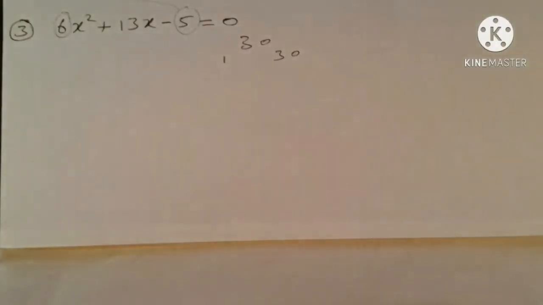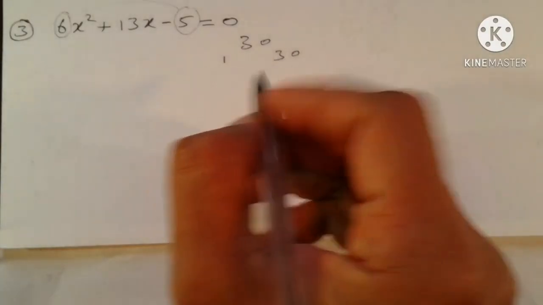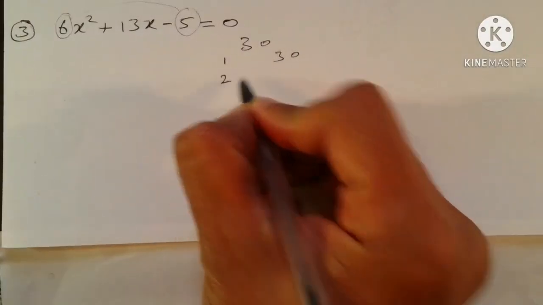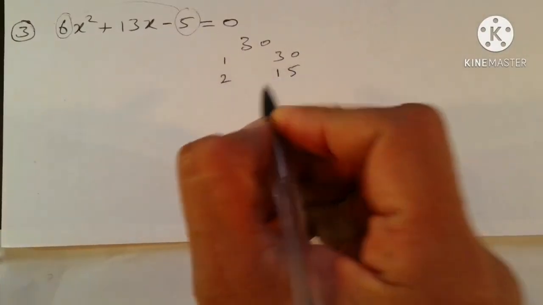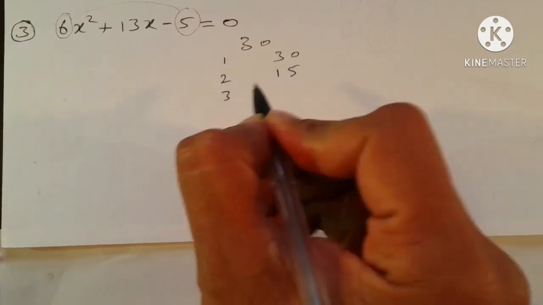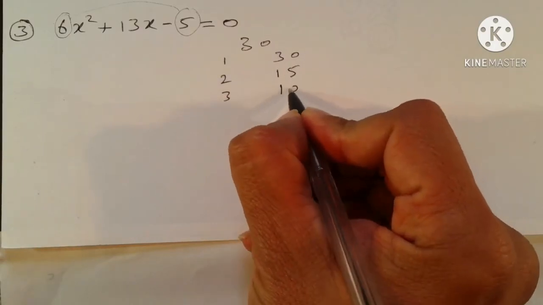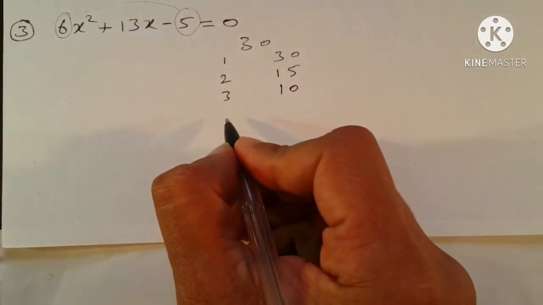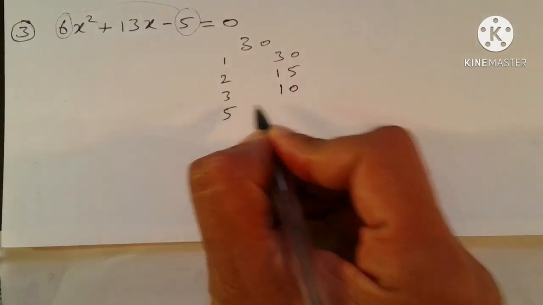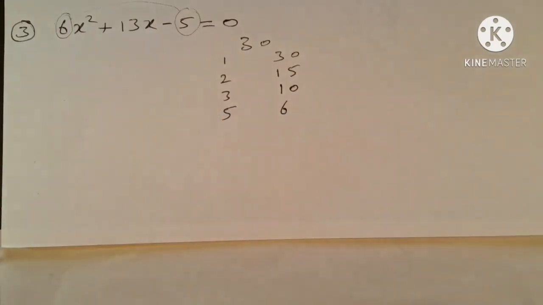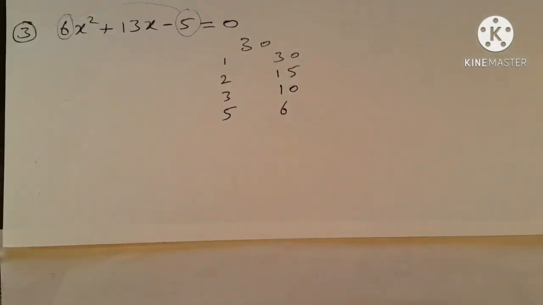Even you get separate questions on that. So 1 times 30, 2 times 15, 3 times, read the 3 table till you get 30, which is 10. Don't go in the 4 times table. It goes in the 5 times table, which is 5 times 6, 30. That's it. These are the factors for 30.